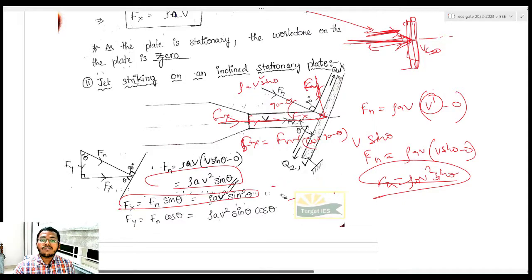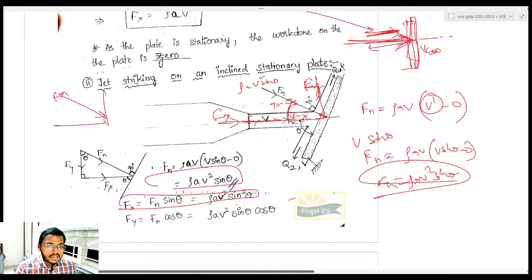Similarly, what will be your Fy value? See, you know, this angle, this is your Fn, this is your Fy, this is your Fx. This angle was 90 minus theta. So what will be this angle? You know, Fx and Fy will be 90 degrees. So this angle is 90 minus theta. So obviously this angle will be theta, right?